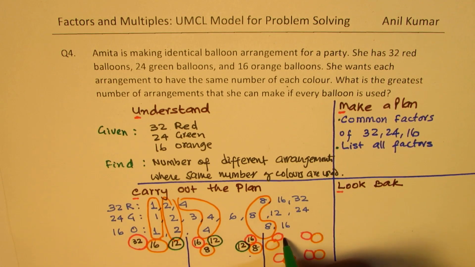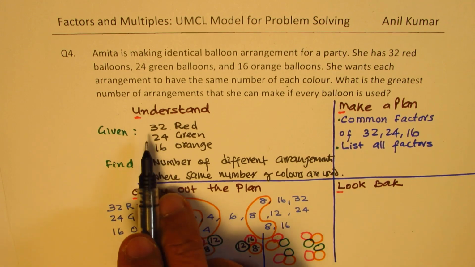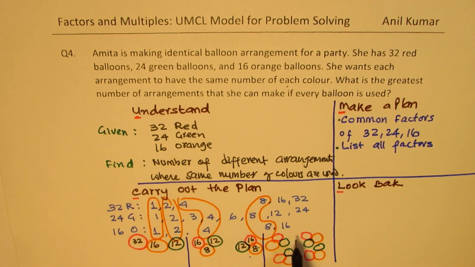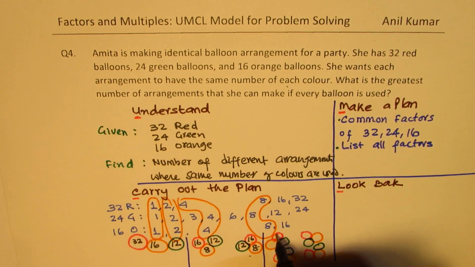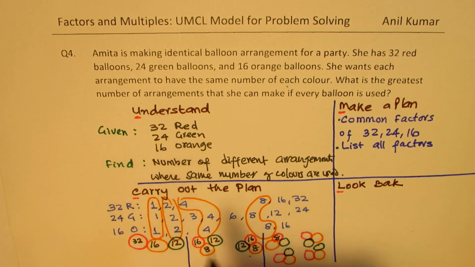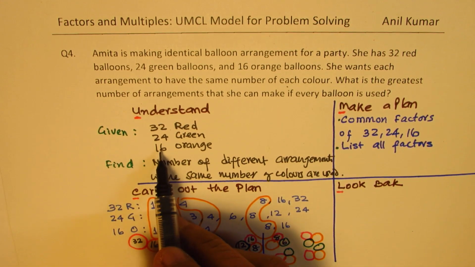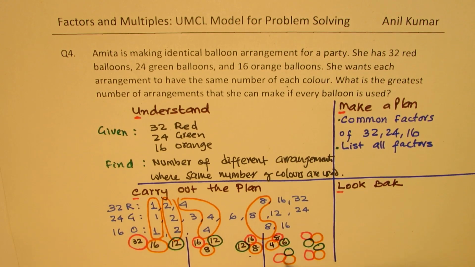Right, and then we have greens. Okay. So in these arrangements, 1/4 of each will be placed. So red will be 8, 1/4 of green is 6, 1/4 of 16 is 4, right? So that is what the arrangement is. So we have 8, 6, and 4. So that is the second arrangement.